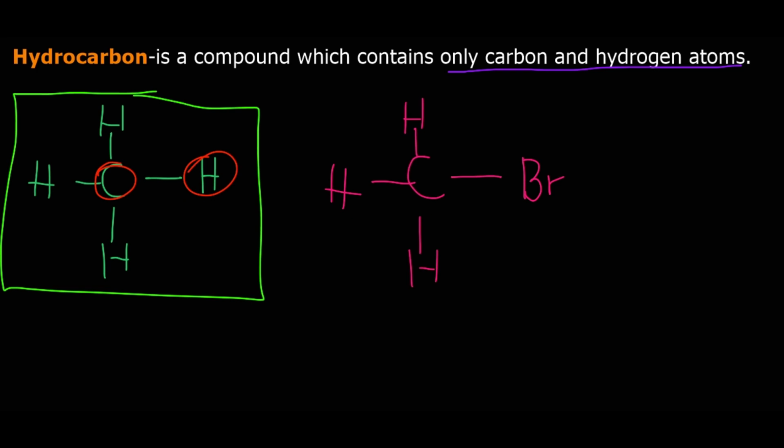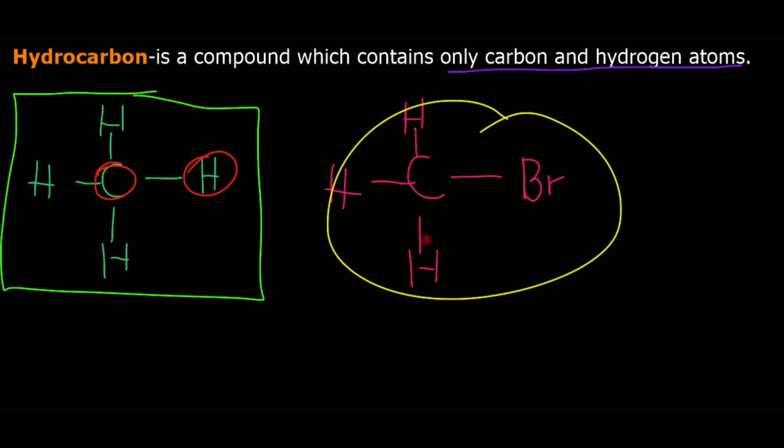But when you look at this one, we have carbon, we have hydrogen, and then we have another atom that is not carbon and hydrogen. So we say that this one is a hydrocarbon, but this one is not a hydrocarbon because it does not consist of only carbon and hydrogen atoms. So this is a hydrocarbon.